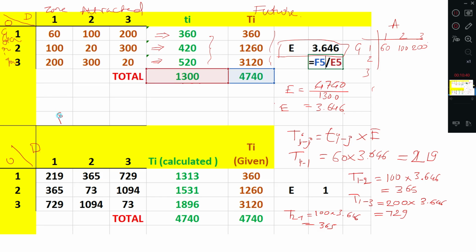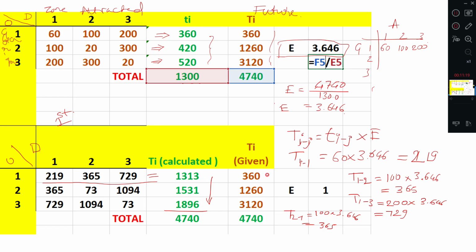This is the first iteration of the growth factor. The first iteration gives the future predicted traffic with respect to this given growth factor. Again, the sum of all these from zone 1 will give the future trips. That sum we calculate here, the sum of total trips attracted towards zones 1, 2, 3.